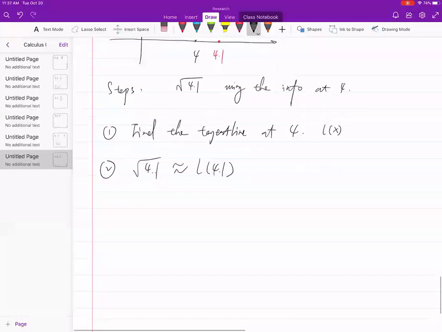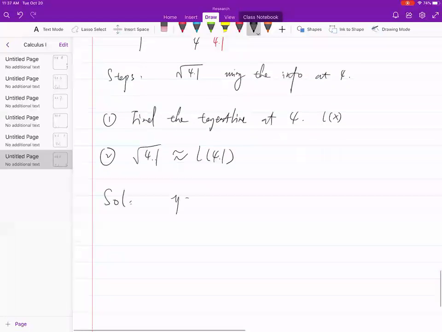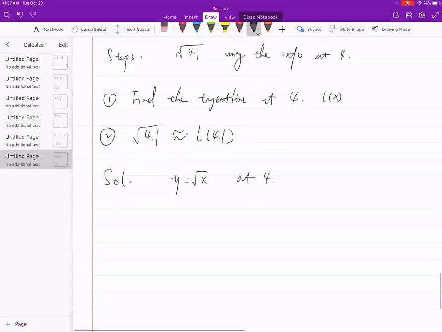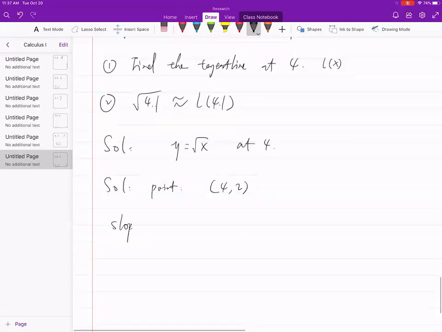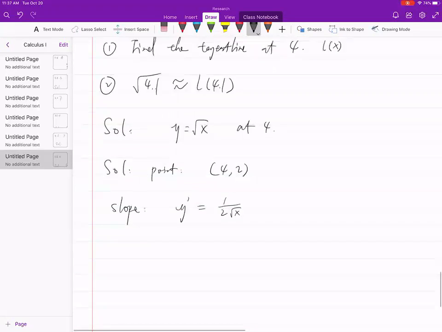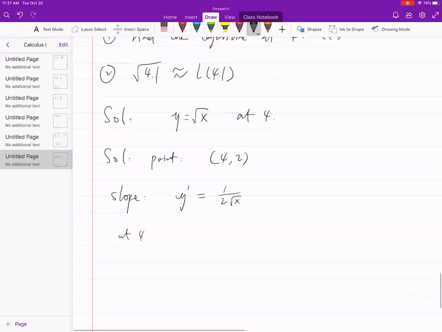Let's do it. The first one, you know how to do it. You have y equal to square root of x. Find the tangent line at 4. That's easy. Solution: I need a point. That's going to be (4, 2). I need a slope. That's y prime. At 4, your slope is going to be this.